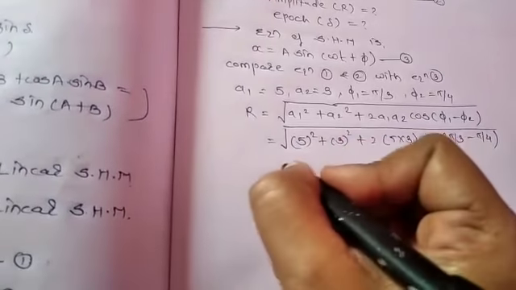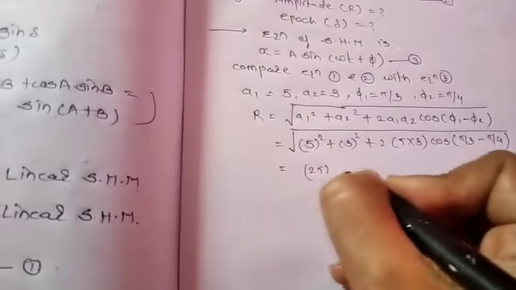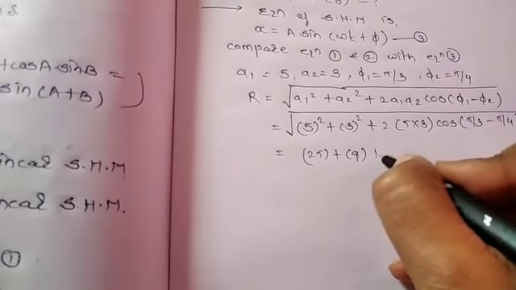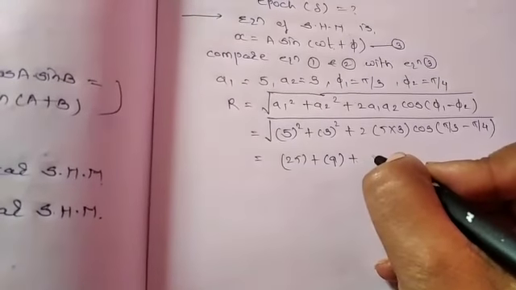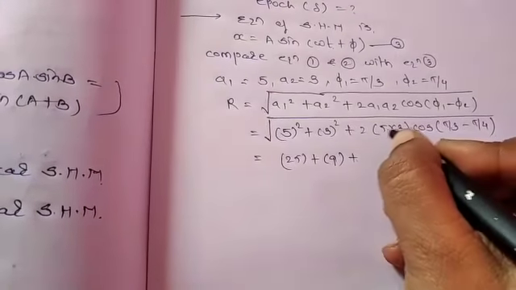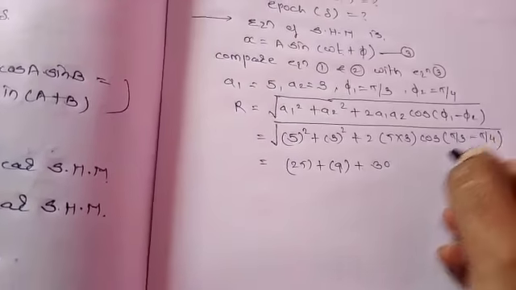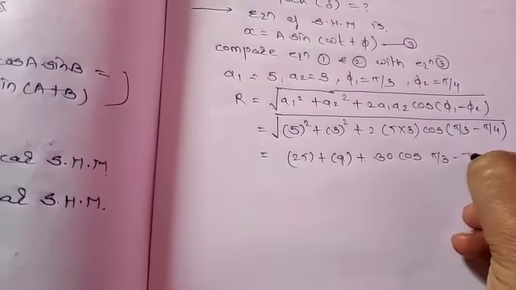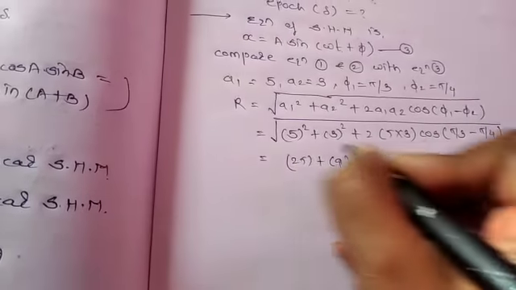Simplifying, it is 25 plus 9 plus 30 into cos of pi by 3 minus pi by 4.